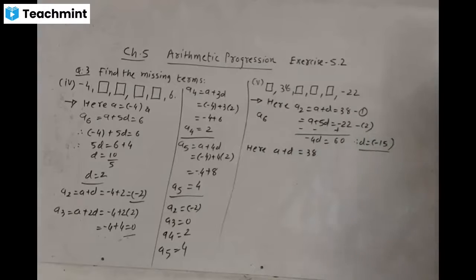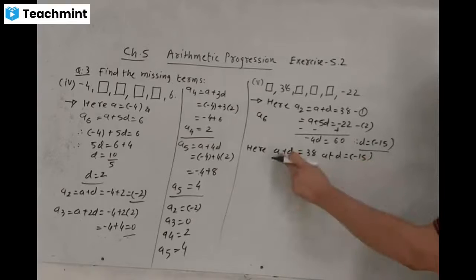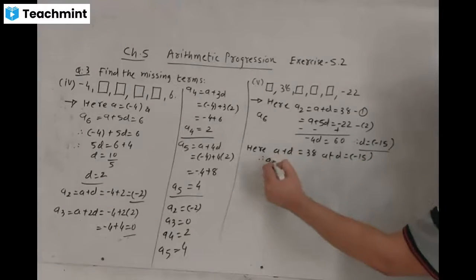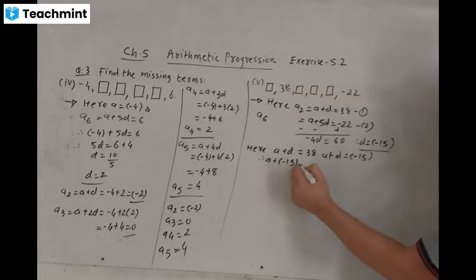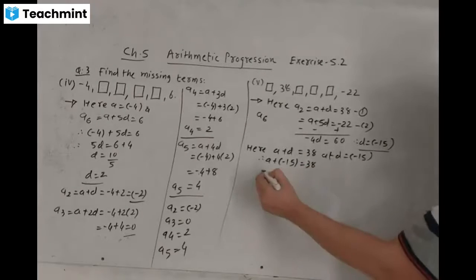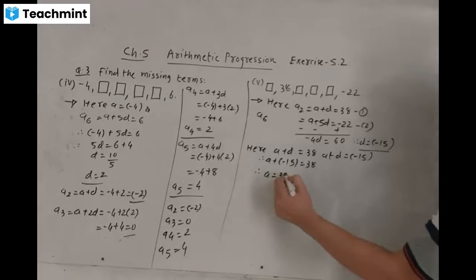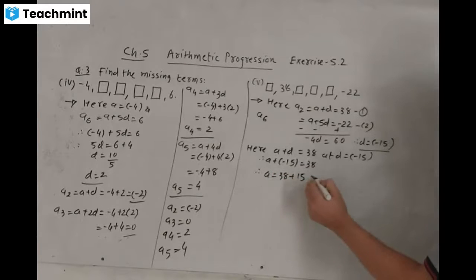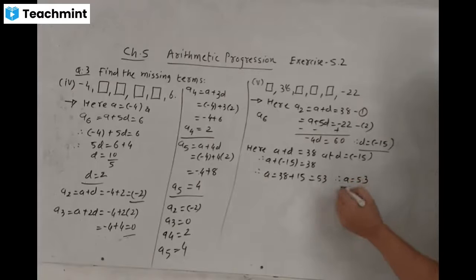Put this value in equation 1. Therefore, a plus minus 15 is equal to 38. Transposing minus 15 to the right side, a is equal to 38 plus 15, that is equal to 53. Therefore, a is equal to 53.